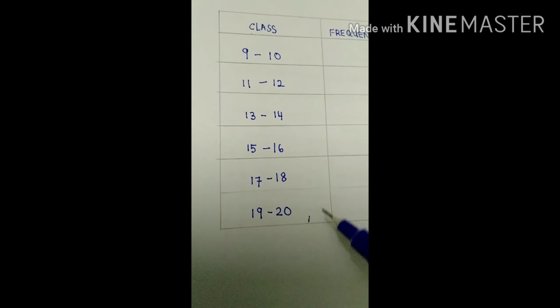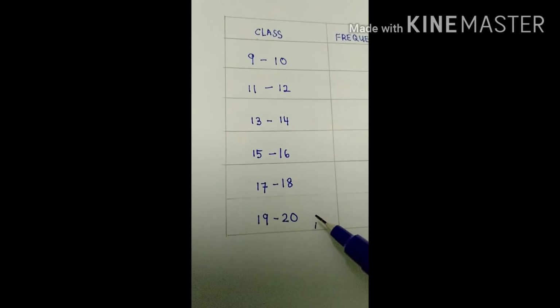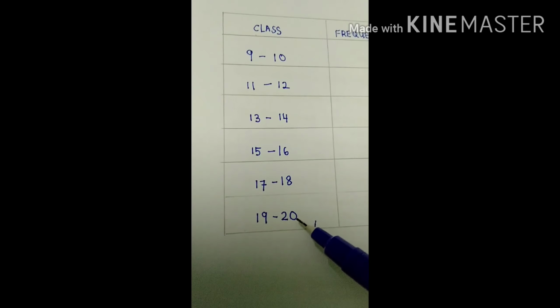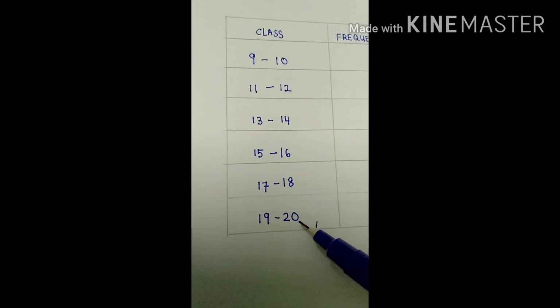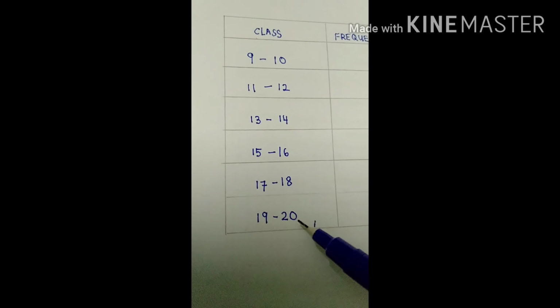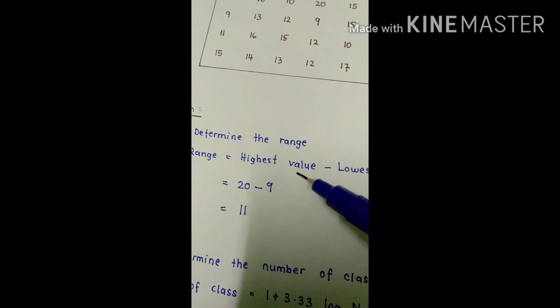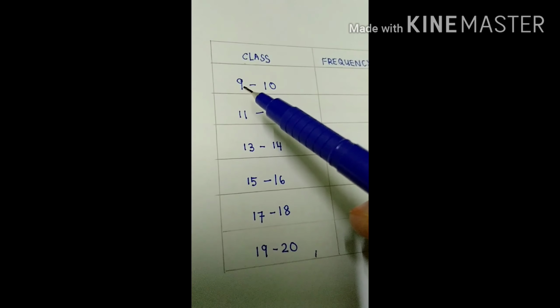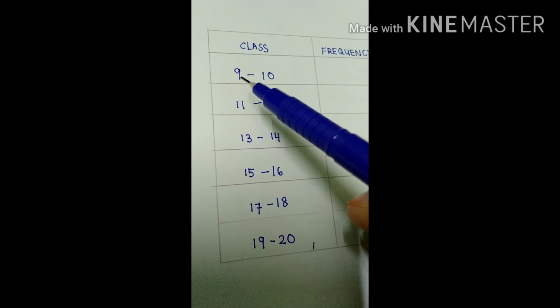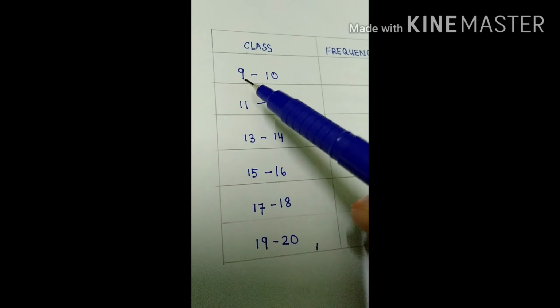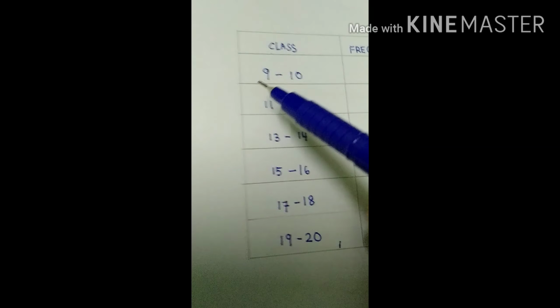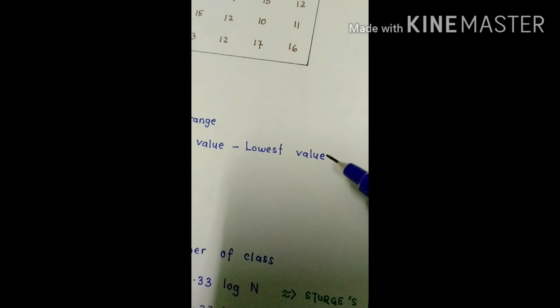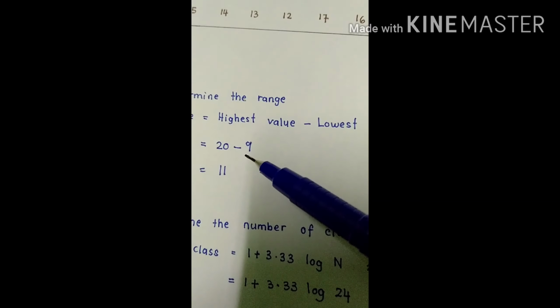Okay, so the upper value for the last class is not necessarily our highest value. The lower value of the first class, 9, must be the lowest value in the data, 9.